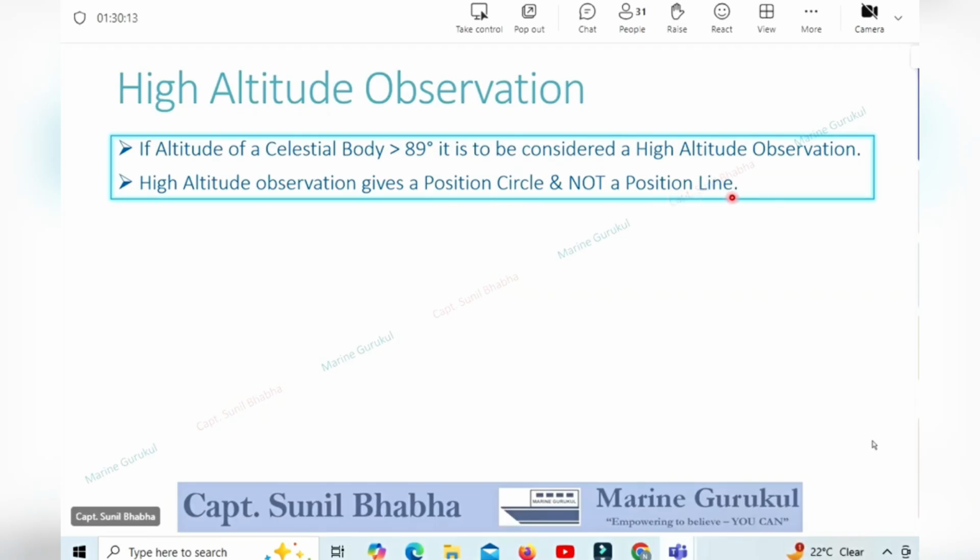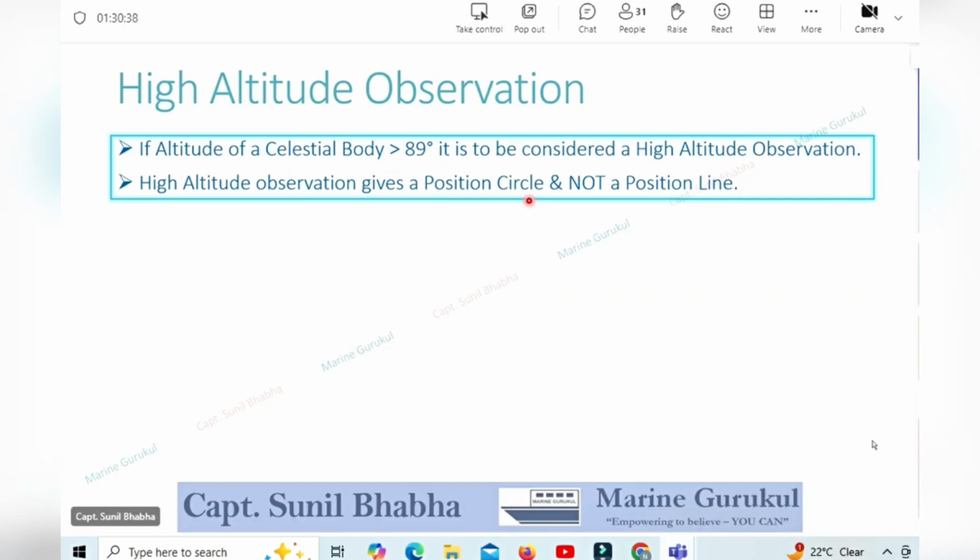In normal celestial observations, we have 5 different methods: Marcq St. Hilaire, long by chrono, intercept, ex-meridian, Polaris. All of them provide us with position lines. But a high altitude observation will give us a position circle and not a position line.